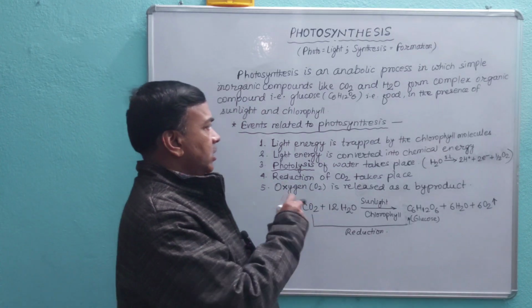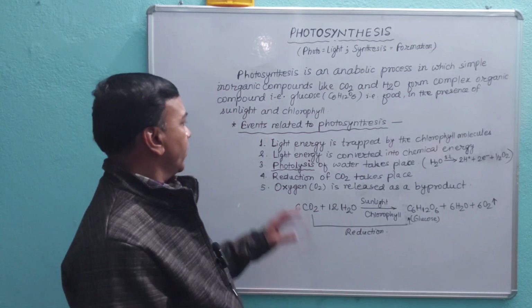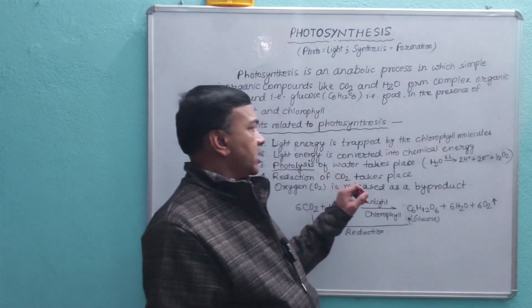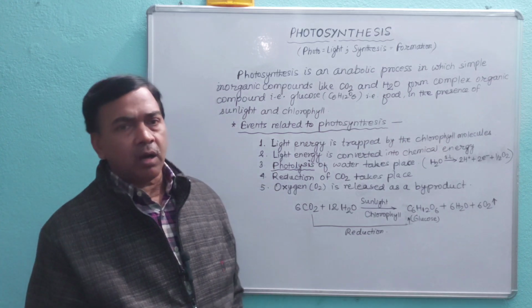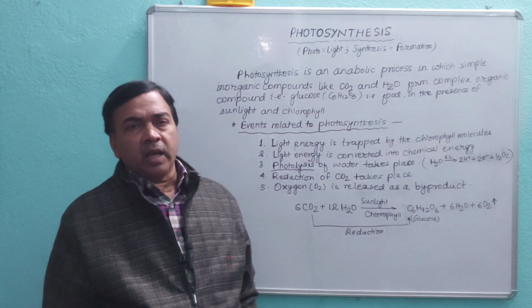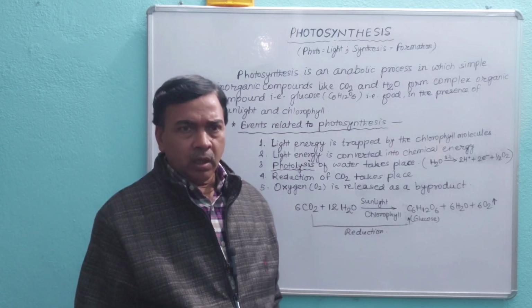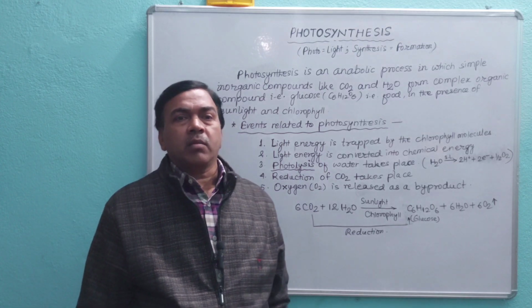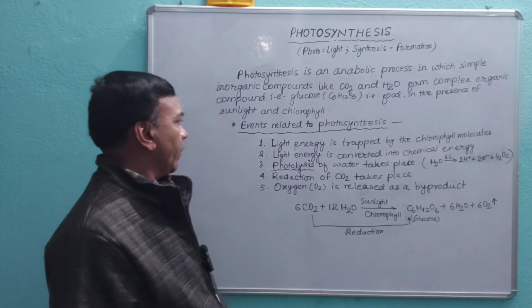The second event is that light energy is converted into chemical energy, or we can say that radiant energy is converted into food, or we can say that kinetic energy is converted into potential or static energy.